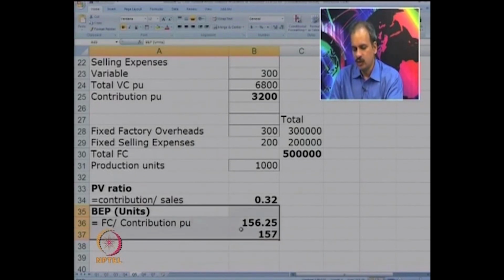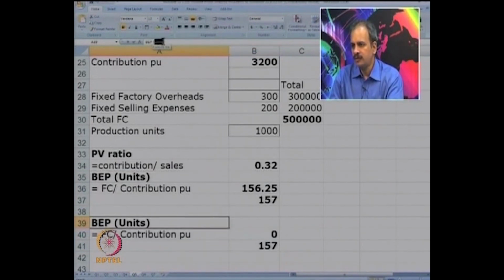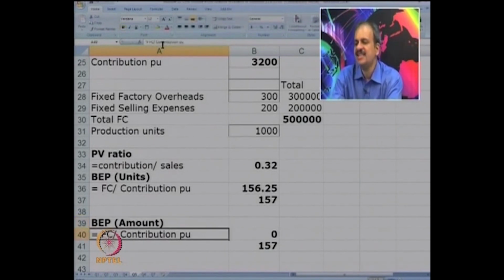Now let us try to calculate the break even point in terms of amount, or rupee sales. What is the formula? Anyone remembers? Here also we have to cover up our fixed cost, but instead of saying per unit, we want the total amount.